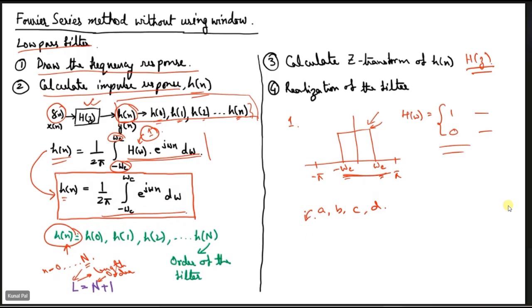If I give it as x of n, then x of z would be given by a plus b z inverse plus c z to the power minus 2 plus d z to the power minus 3. Just as simple as it is.